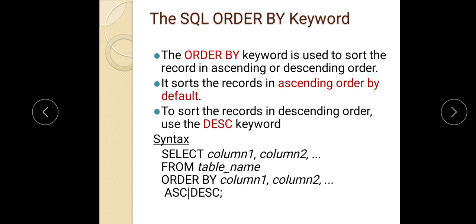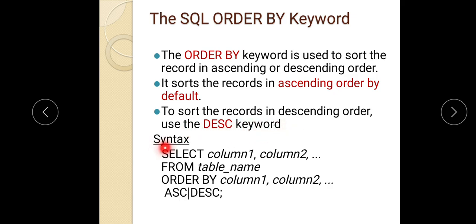That is what is written in the next statement: it sorts the records in ascending order by default. If we simply give the order by keyword, it will order that particular record in ascending order. If we want to sort it in descending order, we have to use the keyword DESC.